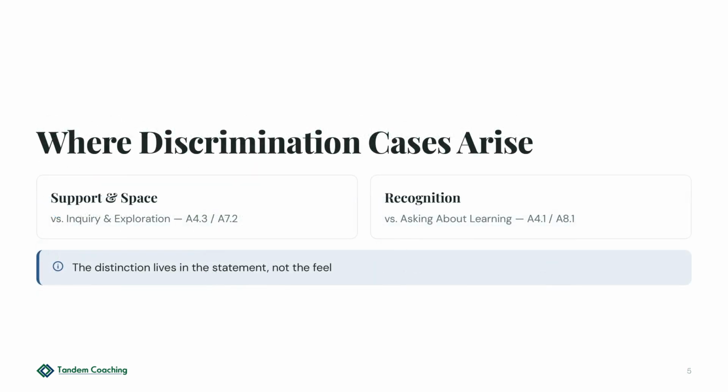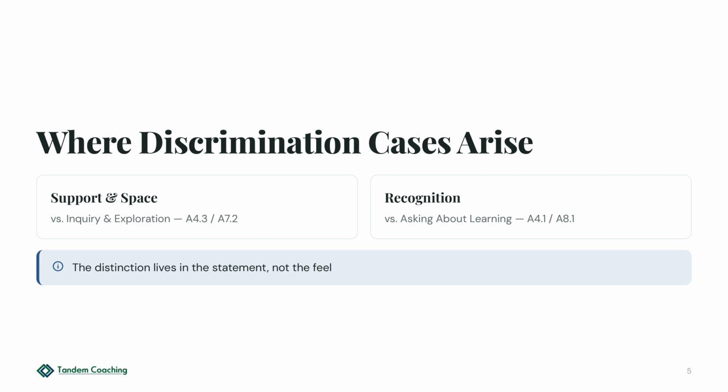A couple of pairs get confused more than any others in live coaching. One is the line between giving the client support and space and genuinely inviting inquiry and exploration. A coach goes quiet, and you decide whether that silence was holding space or opening exploration.